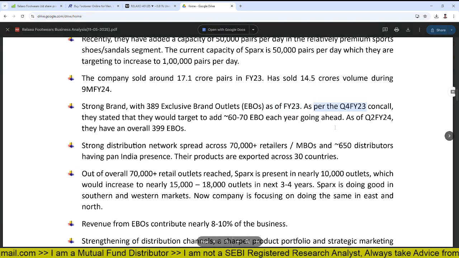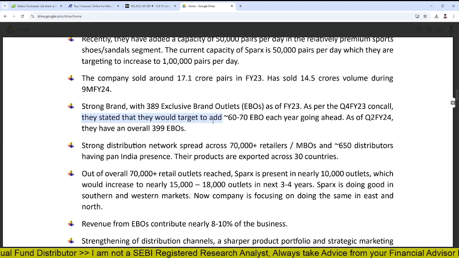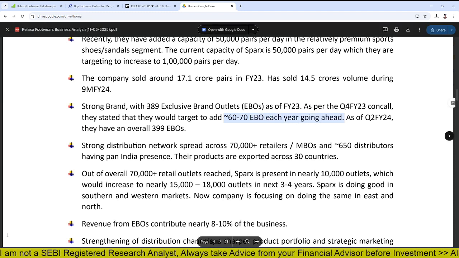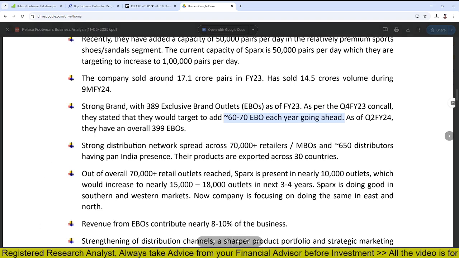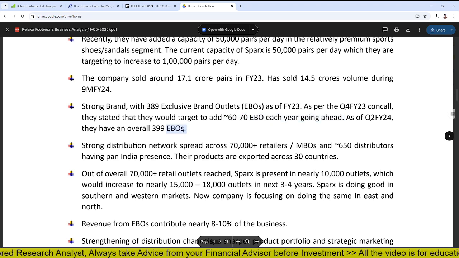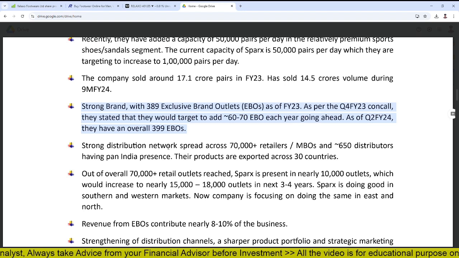As per the Q4 FY23 con calls, they stated that they would target adding 60 to 70 EBOs each year going ahead. As of Q2 FY24, they have an overall 399 EBOs. But we will see how this company failed to increase these EBOs or outlets and how the problem arises in future.